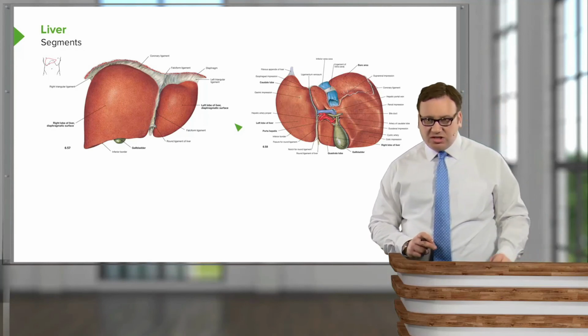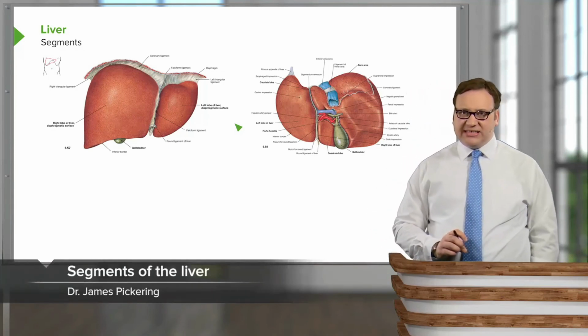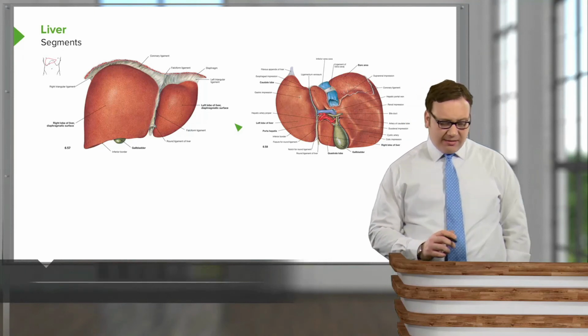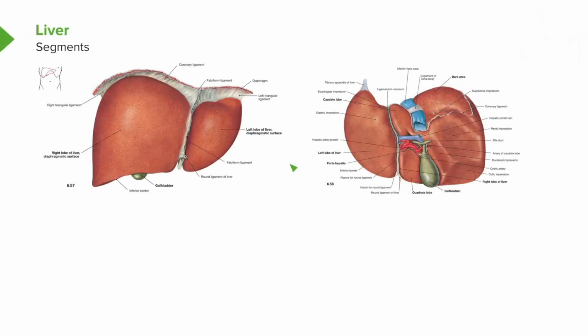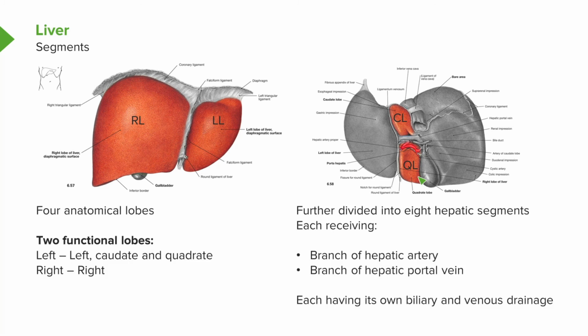So I spoke about functional lobes and liver segments and why these are particularly important. Well, on here again, we can see we've got the right lobe, the left lobe, the caudate lobe, and the quadrate lobe. And these are our anatomical lobes, what we can see separated by fissures. But within these anatomical lobes, we can actually see two functional lobes based on the blood supply, based on the branching of the hepatic arteries.